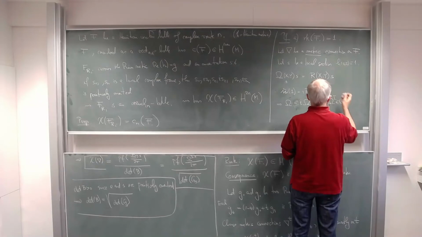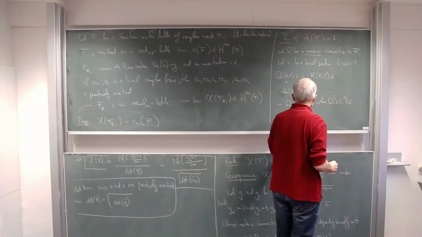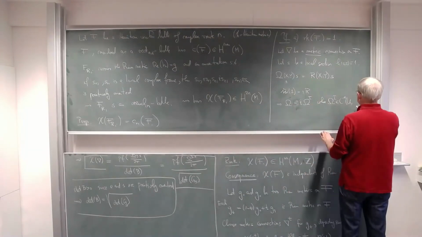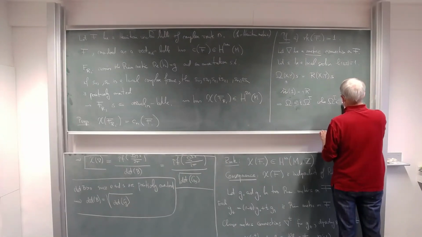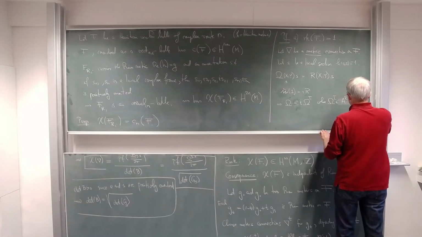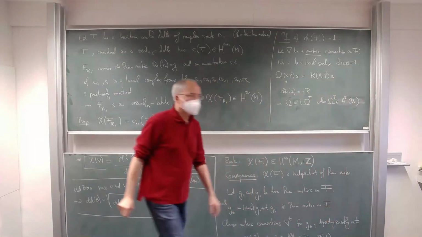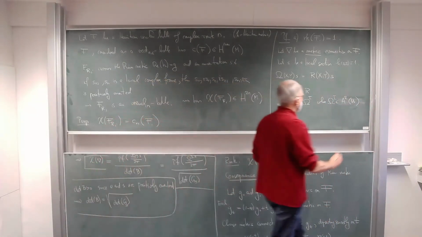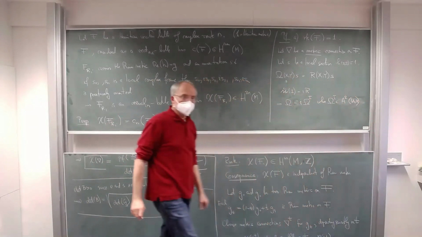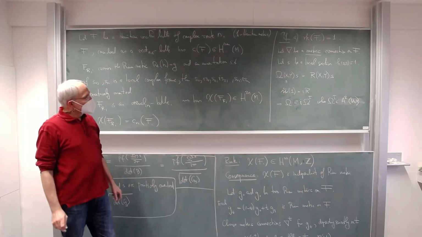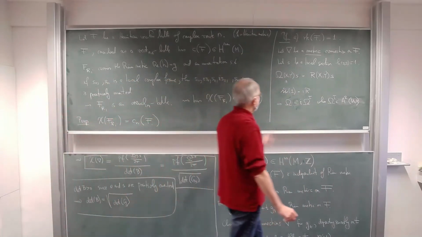So this is defined only locally, not on the whole manifold, right? So only where the frame is defined. U is the domain where the section is defined. Okay, good. So we have that.